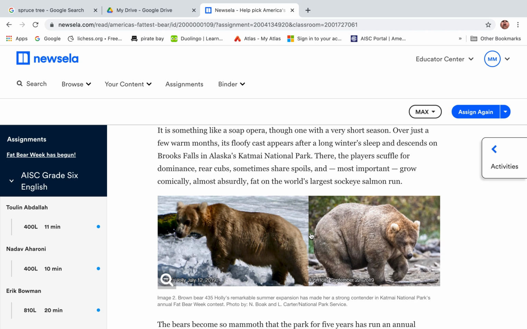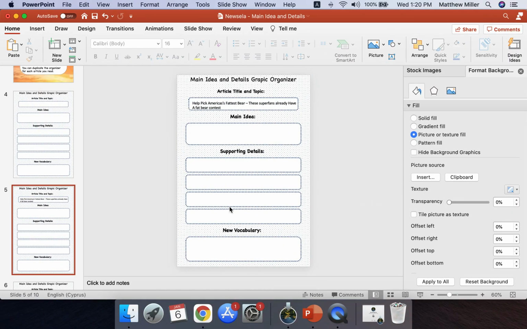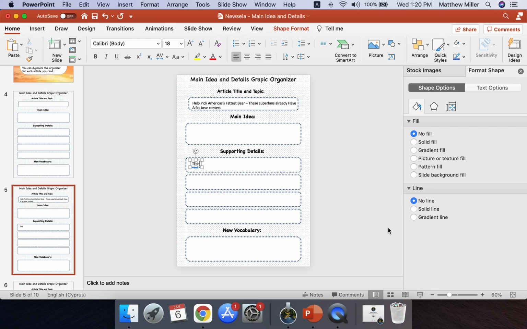Okay, so how do they get so fat? That's an important detail. So this is about fat bears, and so maybe I'm going to go back and put a supporting detail. The bears get so incredibly fat because they eat lots of salmon.